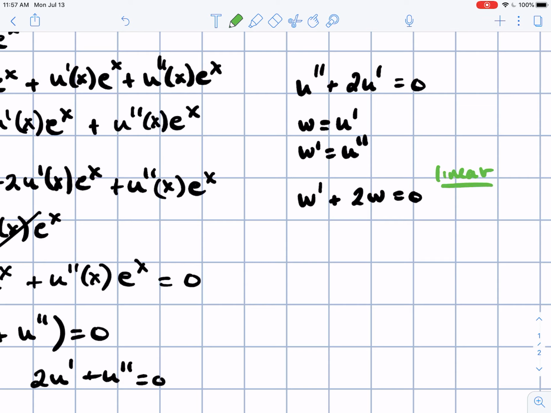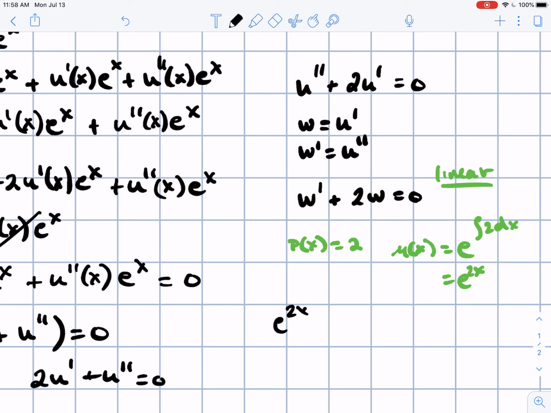All right, so we have it in that form, and we could get that integrating factor, right? P of x is equal to 2. So your integrating factor is going to be e raised to the integral of 2 dx. So we get e to the 2x. Okay, so now I can plug that back in, right? Or multiply everything by e to the 2x.